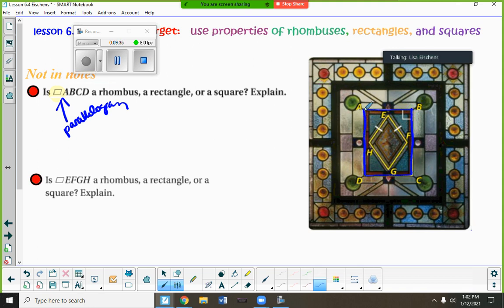Who knows? What's that called? ABCD. Who can tell me? What would ABCD be?